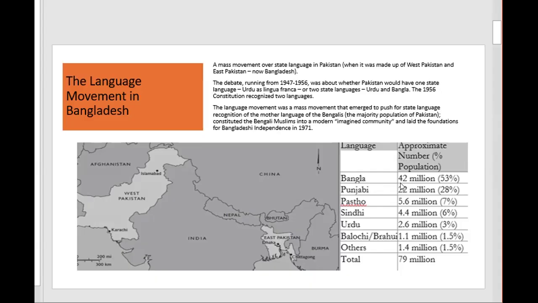The way we can create the constitutiveness of the nation and nationalism is by having one language that is the native language of no one, which is Urdu. So it wouldn't be Punjabi, which is the majority population here. It wouldn't be Bangla, which is the majority population here. Their argument was, we will use Urdu because it is the language of the majority population of no one. That was their lingua franca argument.